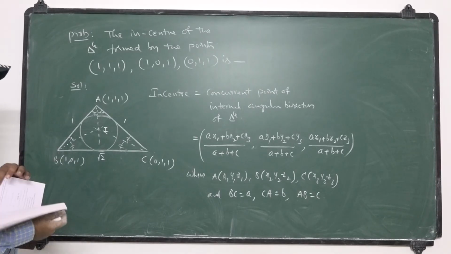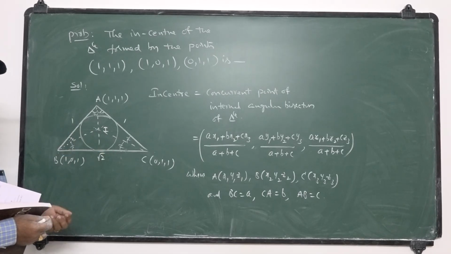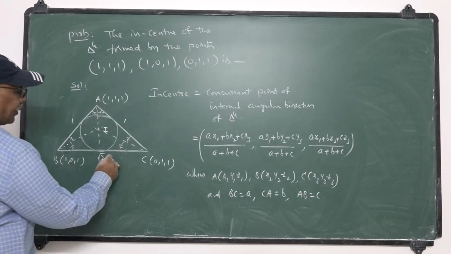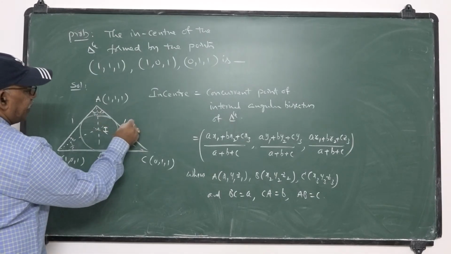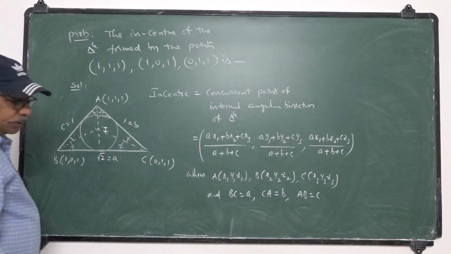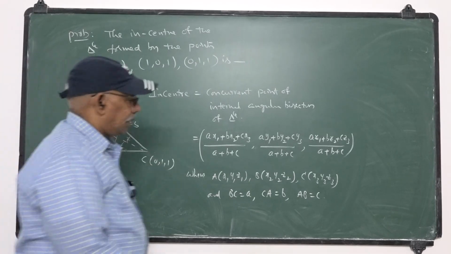In such case, the length BC equal to small a, CA is b, AB is c. So this is (x1, y1, z1), (x2, y2, z2), (x3, y3, z3).